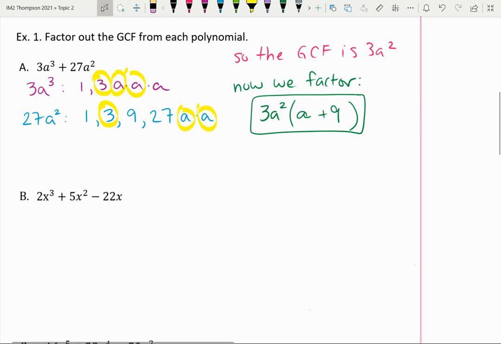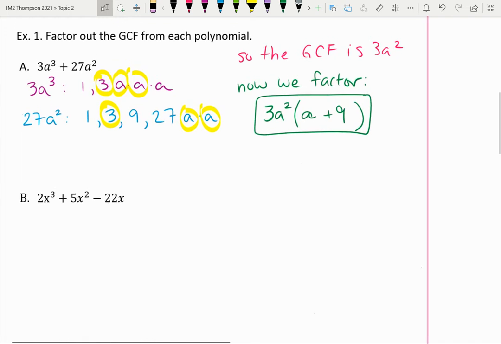Okay. New example. B. 2x cubed plus 5x squared minus 22x. So I'm going to break down each term in that polynomial. So 2x cubed. The only things that multiply to give me 2 are 1 and 2.